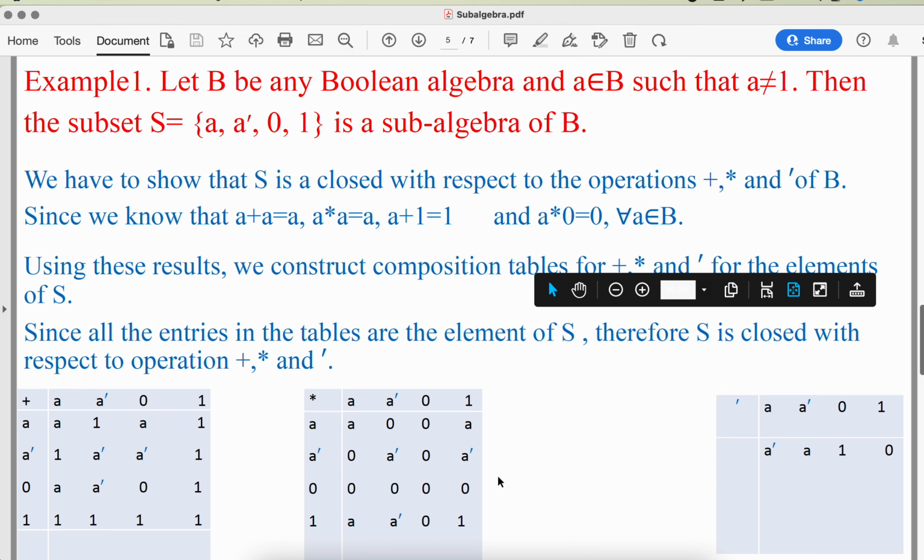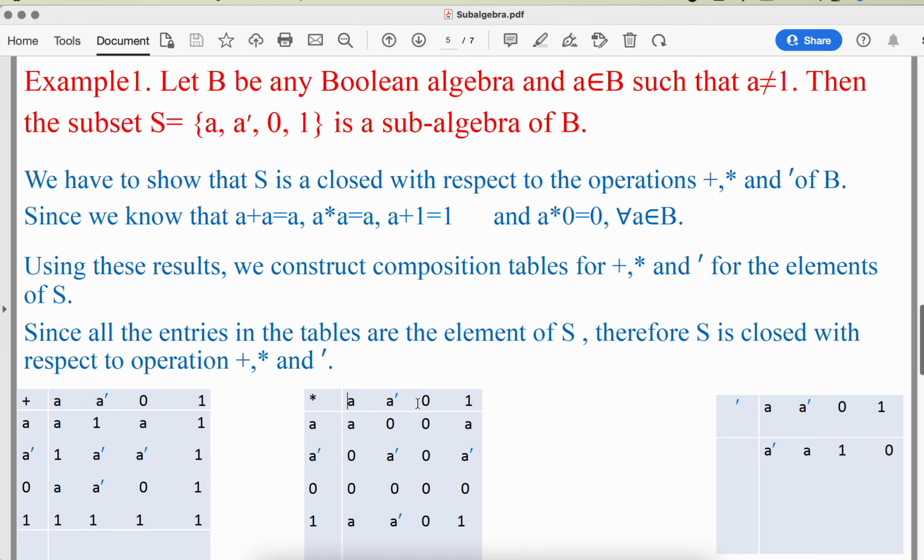Now the composition table for multiplication. So these are the elements of S in the top border row and in the extreme left column: A, A dash, 0 and 1, and this is multiplication.